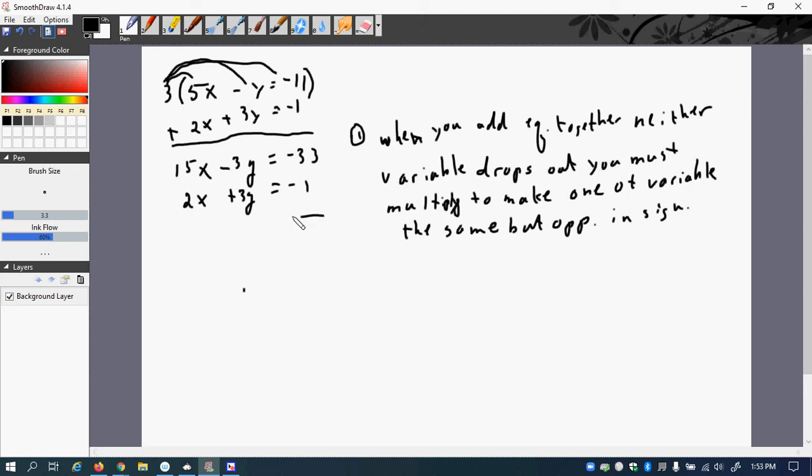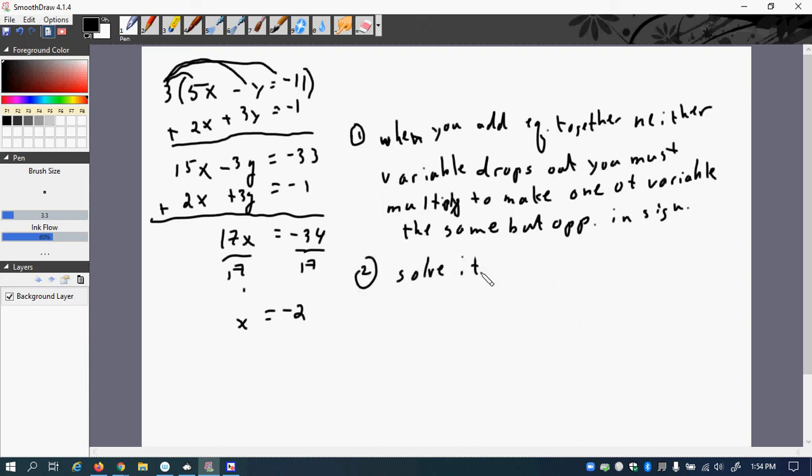Okay, and so now when I add the equations, the y's will drop out. So I get 17x equal to negative 34. Now divide by the 17, and so I get x equal to negative 2. So my second step was I just did it: I solved for one variable.